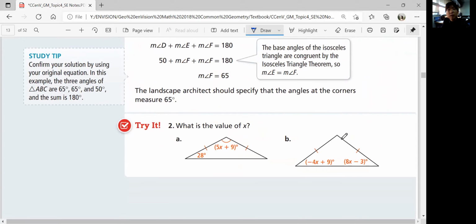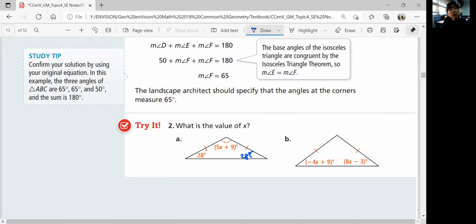So using the same theorem, let's figure out the values of x on your try question. Figure it out, work, and come back when you're ready. So by the theorem, if two sides here are congruent, we know that this is also 28.